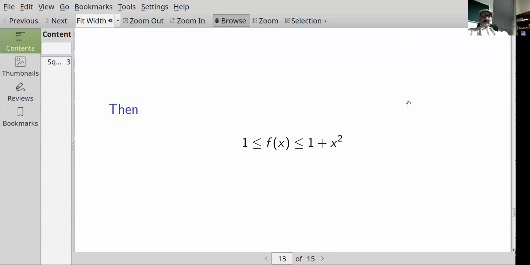So I can conclude that the value f of x lies between the values 1 and 1 plus x squared. Right? So f of x is complicated, but the constant function 1 and the polynomial 1 plus x squared are not complicated.